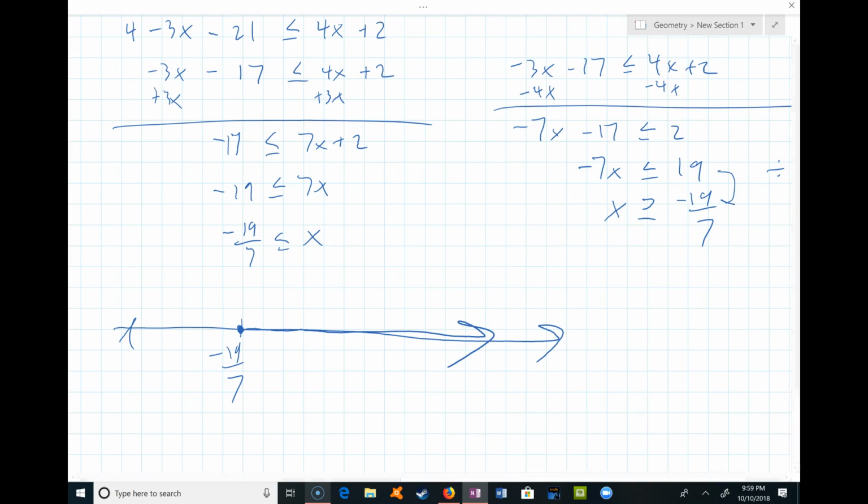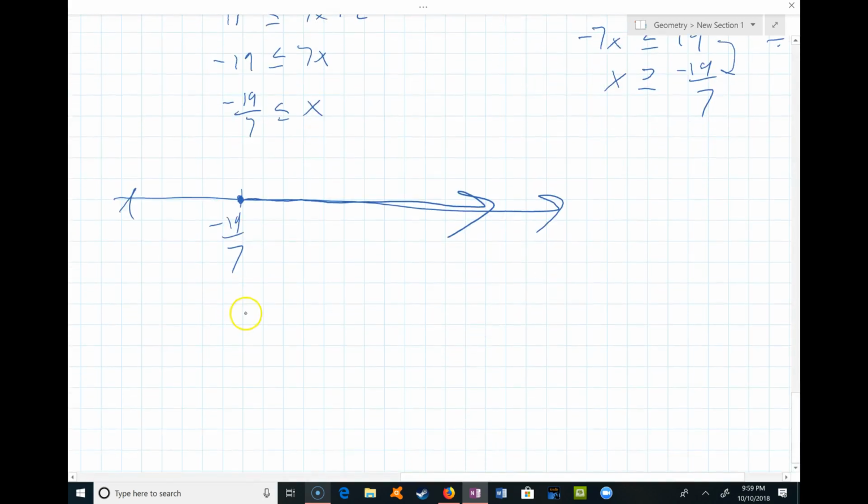Okay, so that's graphing. Now, what if this had been negative 19/7 is less than x? It looks exactly the same, except there's an open circle here with an arrow going to the right. Because I'm still saying x can be bigger than negative 19/7, but since there's no line there, it can't be equal to negative 19/7. So we put a little hole there.